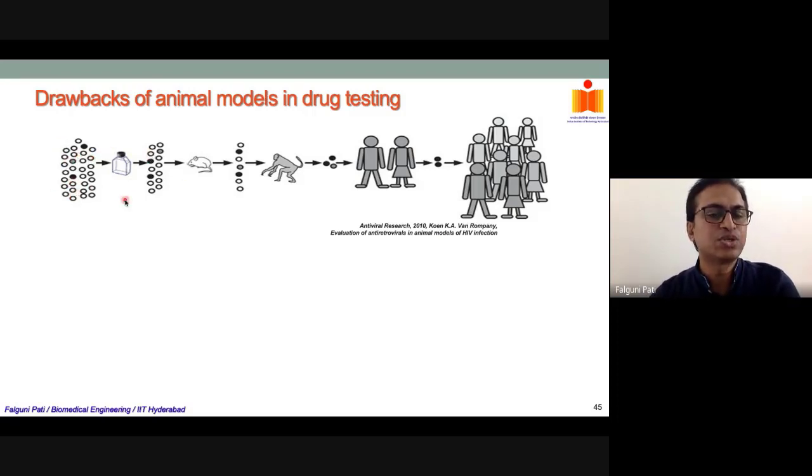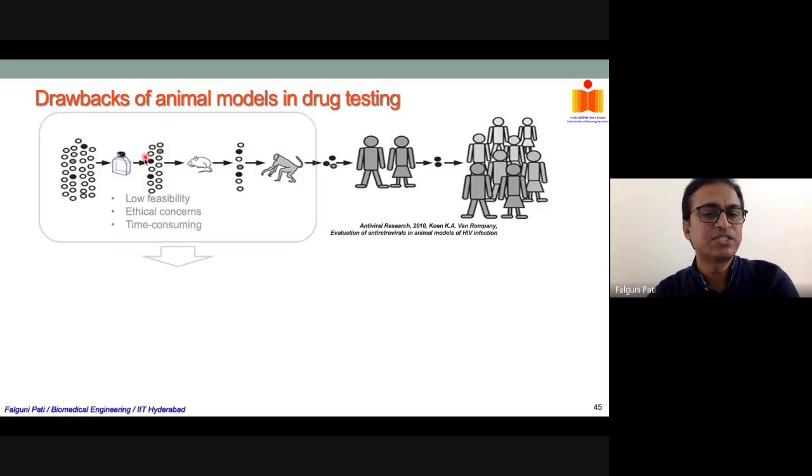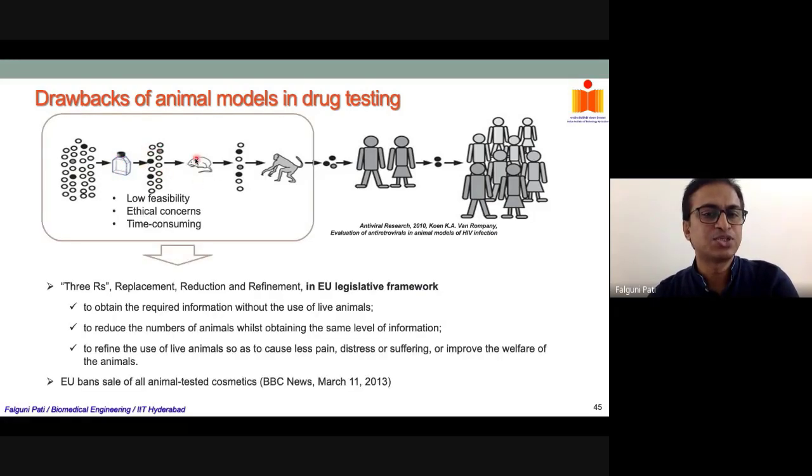Those pass through cell culture studies, and only a few molecules pass, because other molecules might have toxicity and are not good. Then these few molecules pass through the small animal trial, then the big animal trial, like monkeys and others. Then they are used for some voluntary patients. Then they are used for treating patients. Now this process is very long.